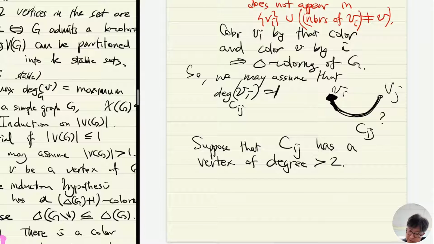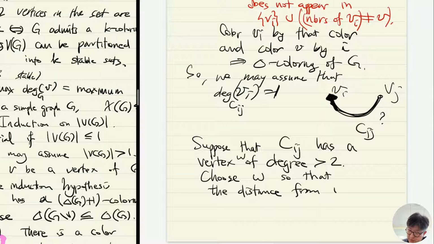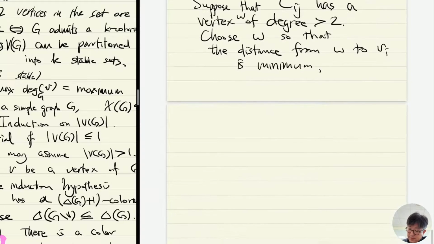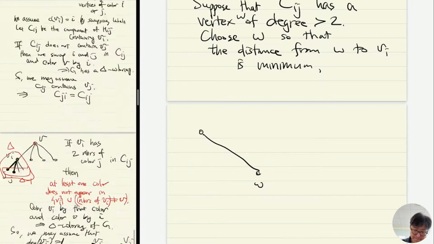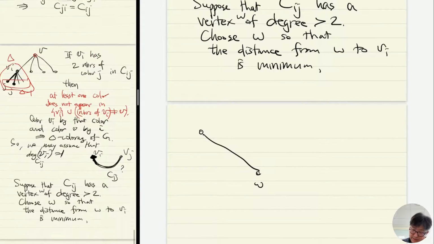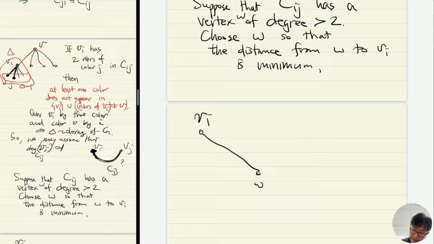Let's say this vertex is W. Choose W so that the distance from W to Vi is minimum. Here's W, here's Vi, and this is the first vertex whose degree is at least 3.